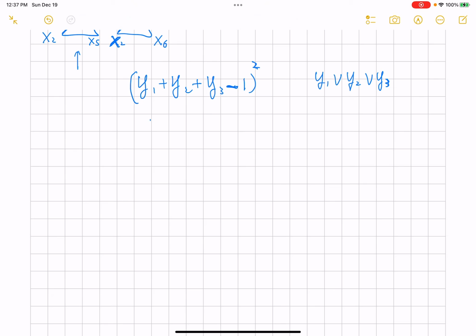So what we want is y1 times y2 times y3 minus 1. We don't even need the square term. Why? Because this is QUBO form. It's either 0 or 1, nothing else.